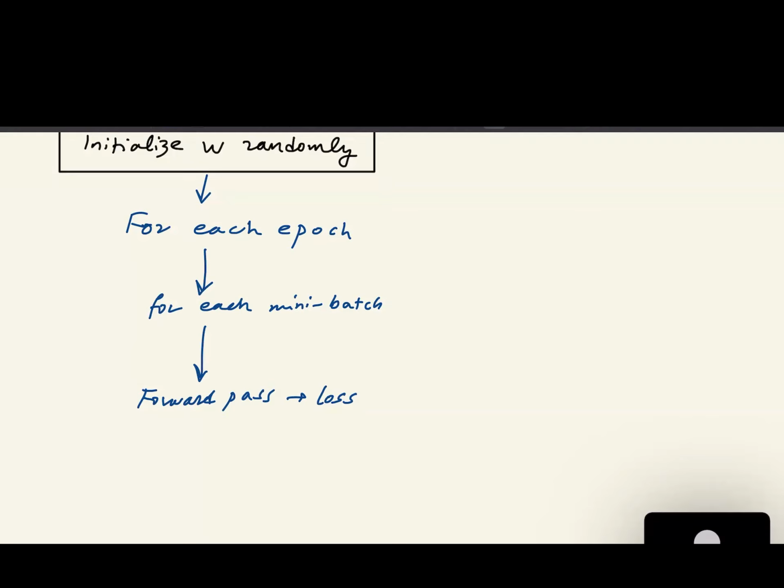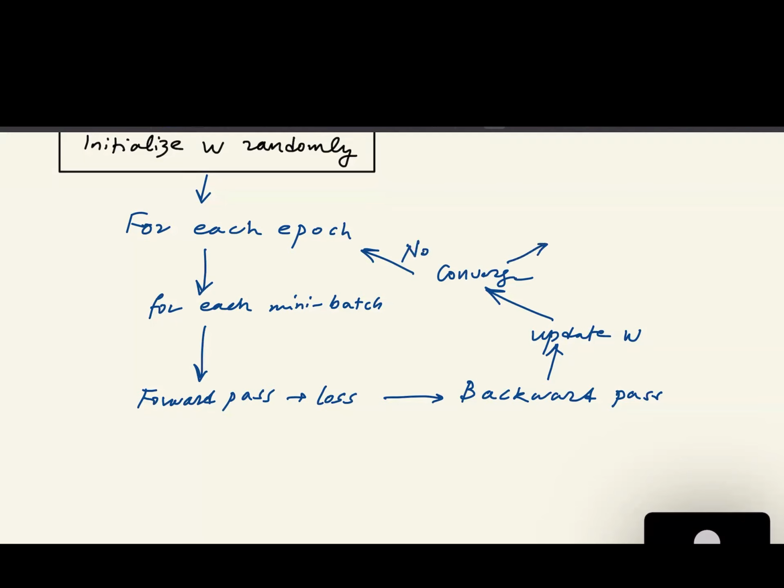Then we need a way of calculating the gradient, which, as you will see in the next lecture, we call a backward pass. That gives us the gradient, the average gradient for that mini batch. Then having that, we can update the weights and check if this has converged. If not, we have to continue to the next epoch. If it has converged, then we are done.